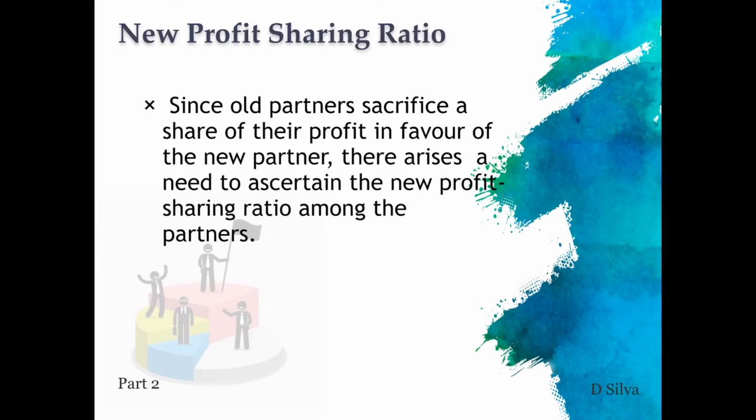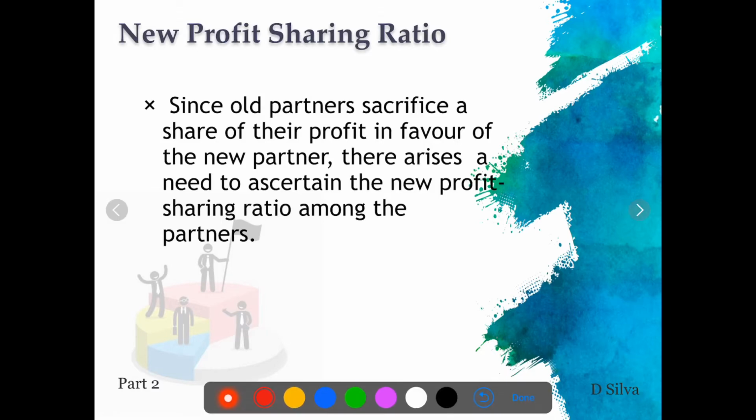New profit sharing ratio. Since all partners sacrifice a share of their profit in favor of the new partner, there arises a need to ascertain the new profit sharing ratio among the partners. So why do we have to calculate the new profit sharing ratio?